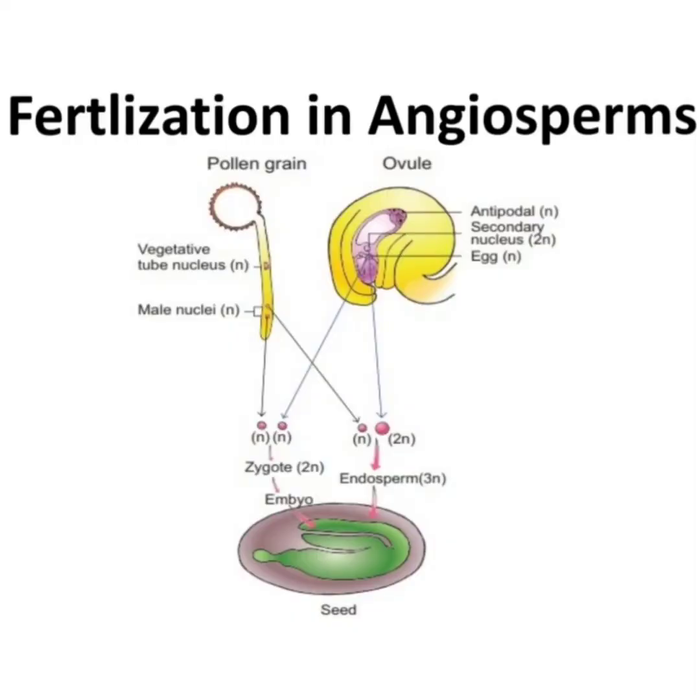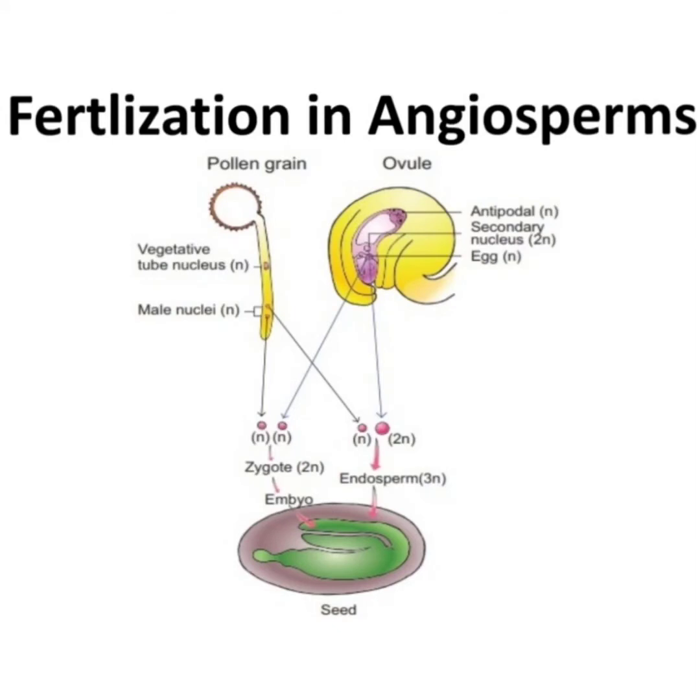Here in this image you can see on the left side is the pollen grain, growing pollen tube having the vegetative tube nucleus and two male nuclei. On the right side you can see the ovule containing the antipodal cells having the n number of chromosomes, the secondary nucleus which is formed by the two polar nuclei having 2n chromosomes, and the egg which has n number of chromosomes.